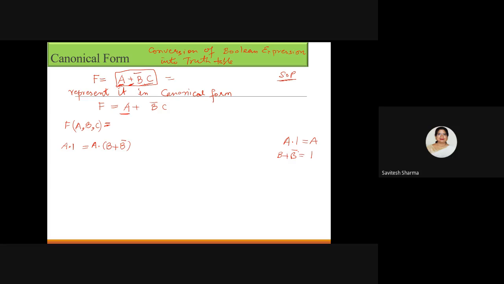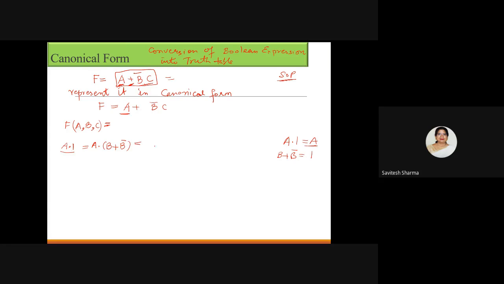So I will introduce a missing variable in the term. My missing variable in the first term was B. So I used A dot 1 and the Boolean theorem, and then I expand.